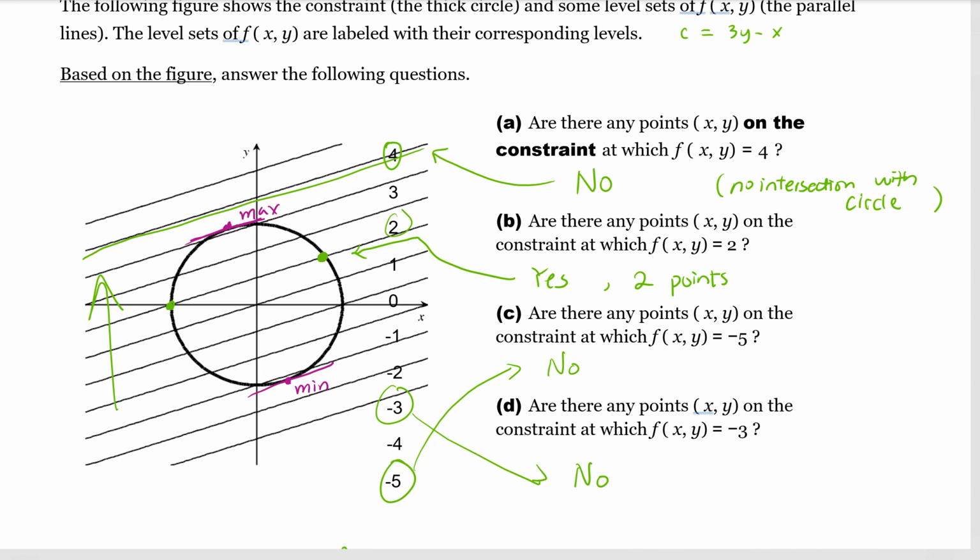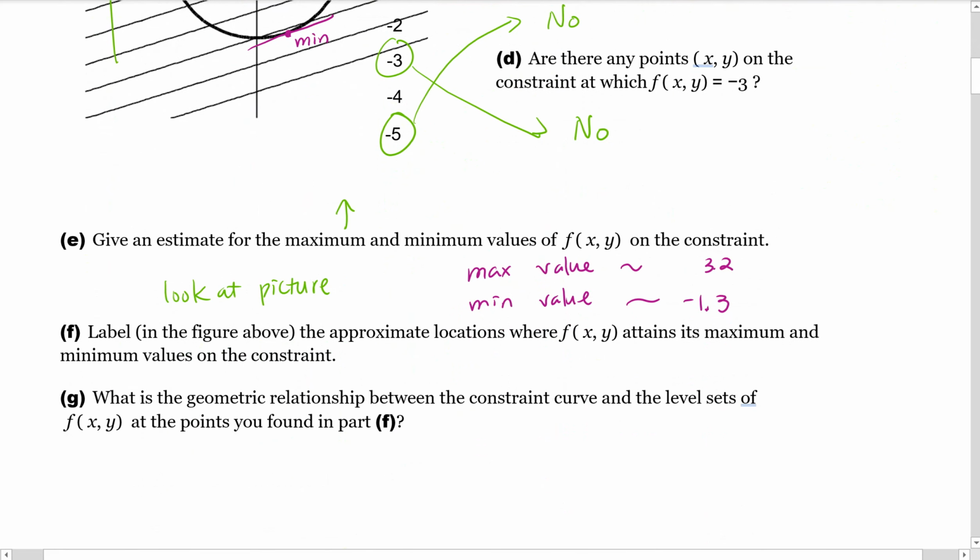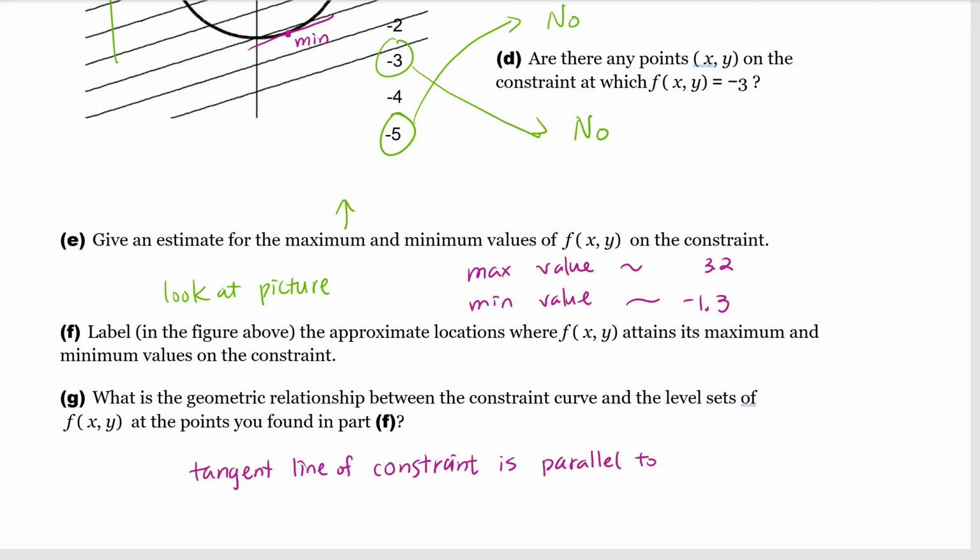So the tangent line of the constraint is parallel to the level set.